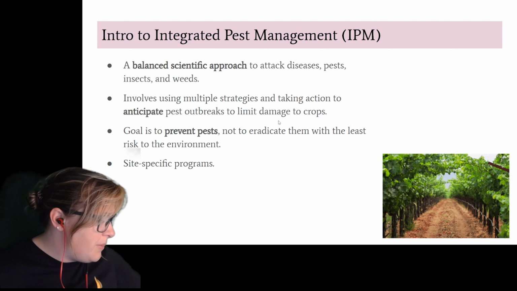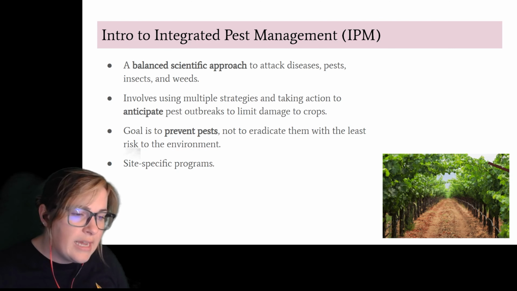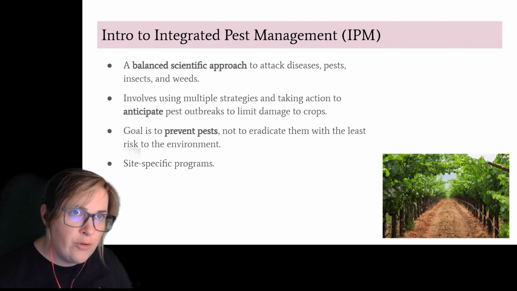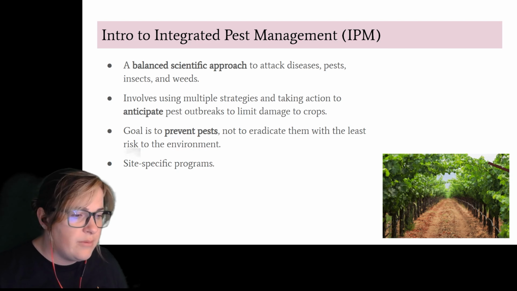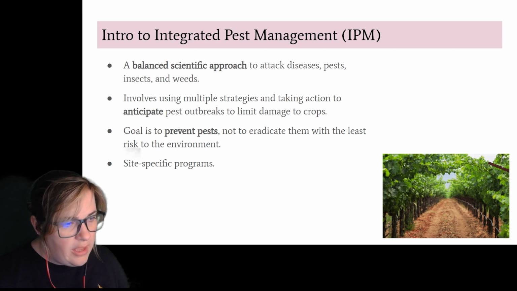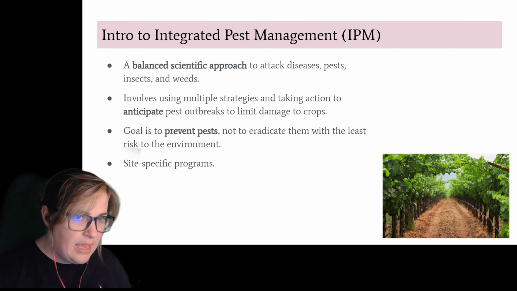But IPM is basically a balanced scientific approach to attacking a disease, pest, insect, or weed that's taking over your vineyard and affecting your crop in a negative financial way. So the big thing to take away from IPM is that it is balanced. We're not trying to eradicate all things.